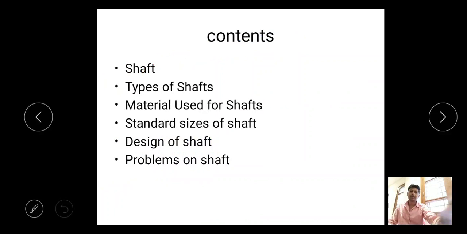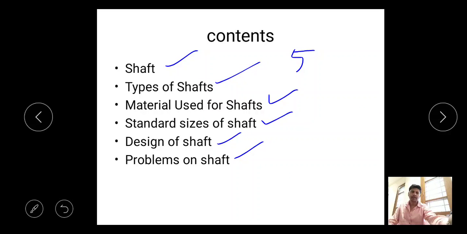In this whole chapter, we are studying the definition of a shaft, different types of shaft, what are the materials used in shaft, standard sizes of a shaft, then design of a shaft, and problems on shaft. Here it consists of 5 marks theory and a 15 marks problem. So one problem and one theory will come.